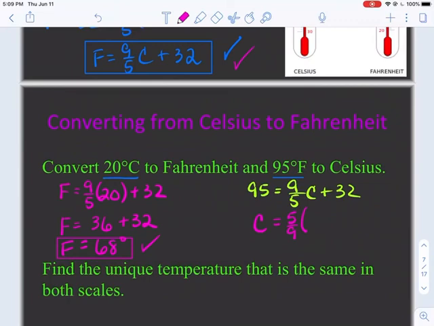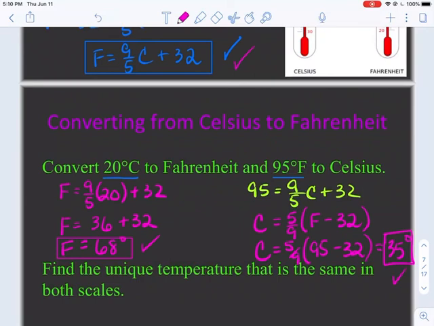So all I have to do is plug in there, and I get the Celsius is equal to 5/9 times 95 minus 32. 95 minus 32 is 63, so I think I get 35 degrees for my final answer. So for the second one, C is equal to 35 degrees.